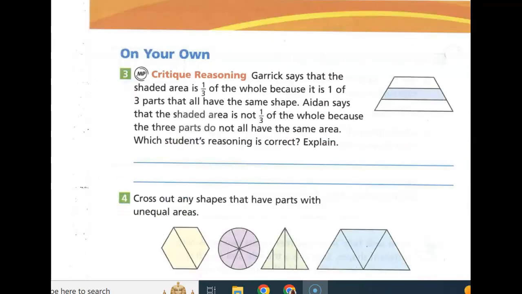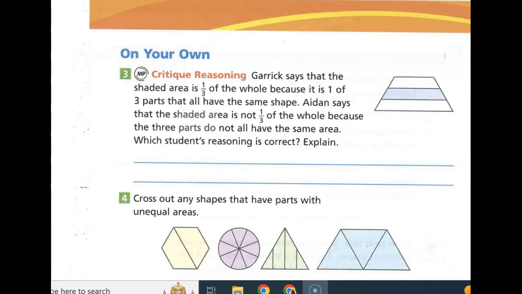Okay, we're going to the on your own on page 388. Garrick says that the shaded area is 1/3 of a whole because it's one of the 3 parts of all the same shape. Aiden says that the shaded area is not 1/3 of the whole because the 3 parts do not have the same area. Which student's reasoning is correct?